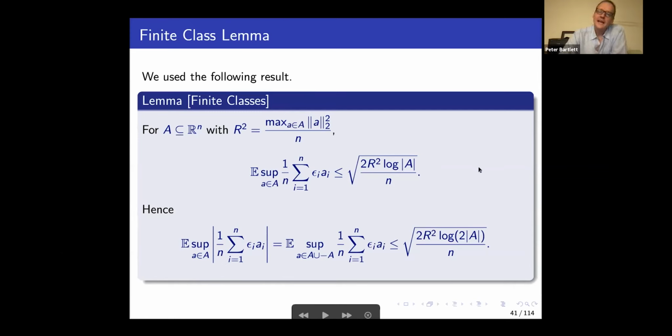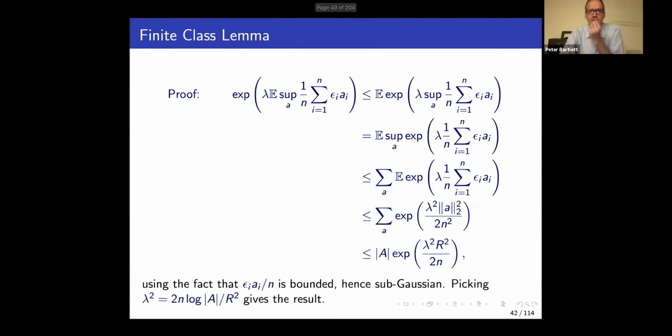And let me say a little bit about how this arises. I'd kind of promised I'd say something about sub-Gaussian, but I'm inclined to skip the proof here and just give you some little highlights of where the sub-Gaussianity comes in. In this case the sub-Gaussian random variables are the epsilon i's.